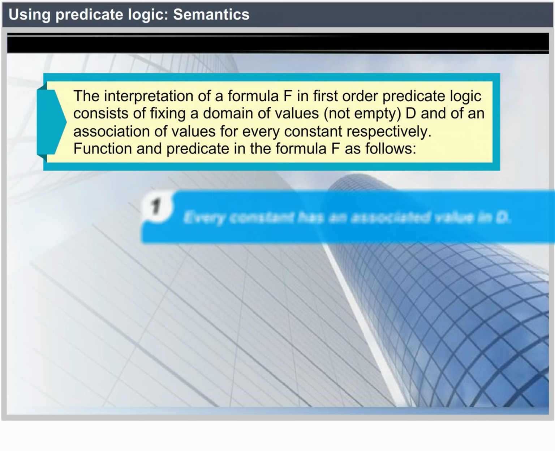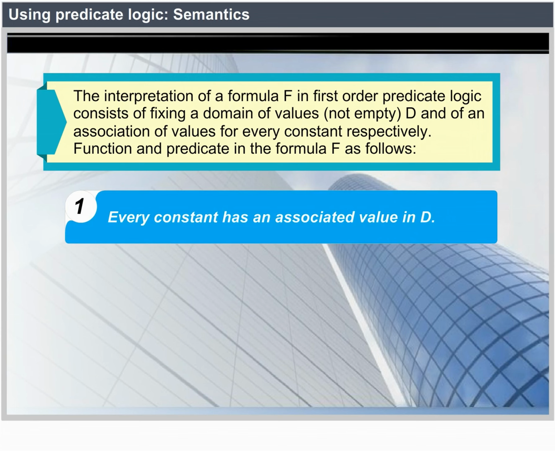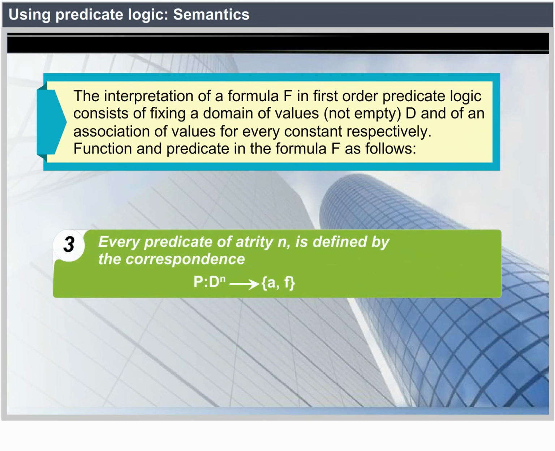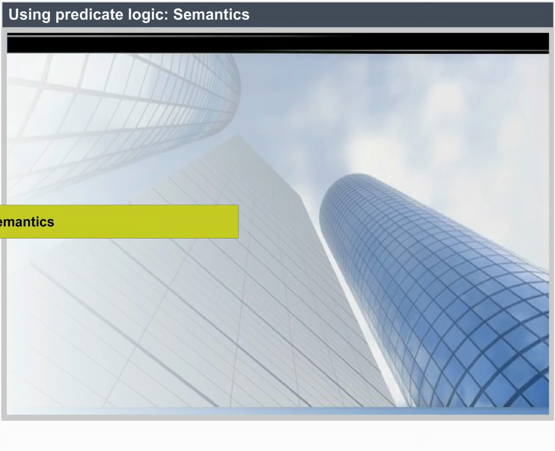Every constant has an associated value in D. Every function f of arity n is defined by the correspondence D to the power of n implies D, where D to the power of n is the set of (x1, ..., xn) with x1 belonging to D up to xn belonging to D. Every predicate of arity n is defined by the correspondence P such that D to the power n implies {true, false}.